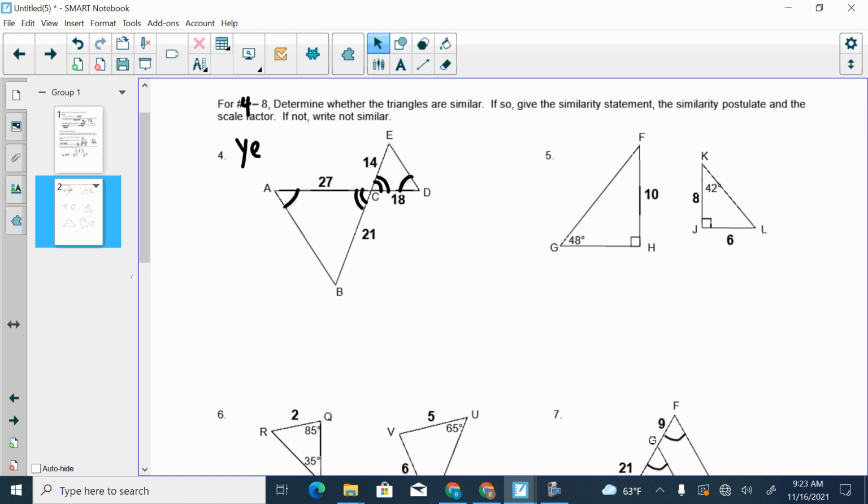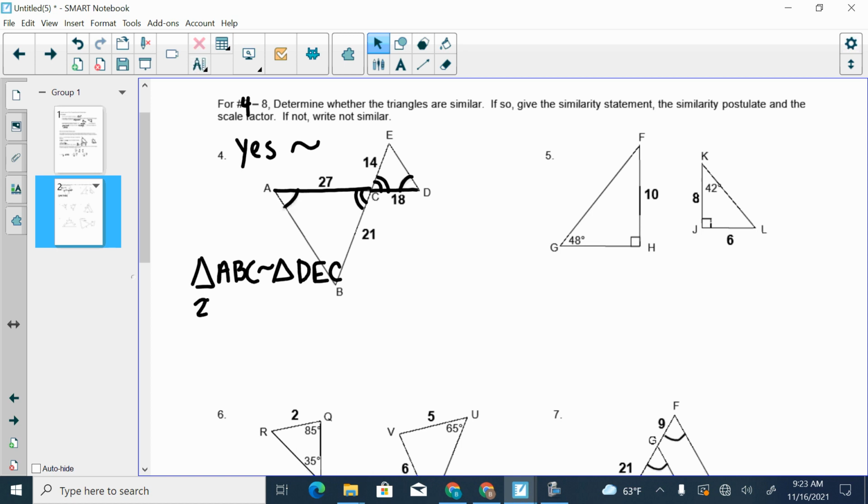So we can go ahead and say, yes, these are similar, and we can make our similarity statement. So triangle ABC is similar to triangle, so if I go ABC here, then I would go DEC on the top one to match. Okay, and then I just set up my ratio. So I could choose the side that's between the two angles, which would correspond with this one.